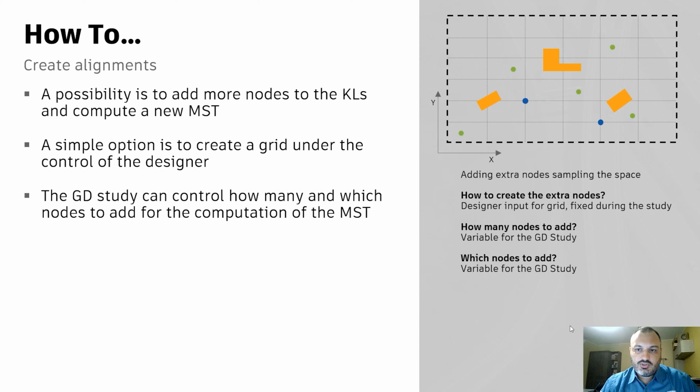But what we want to achieve is for the generative design algorithm to select which points from the grid are the most ideal and how many. So we don't know that upfront, and we need to find a clever way to add these extra nodes to the minimum spanning tree.